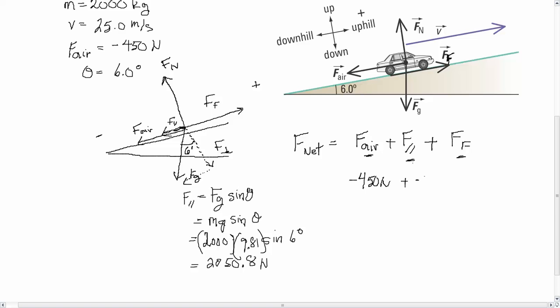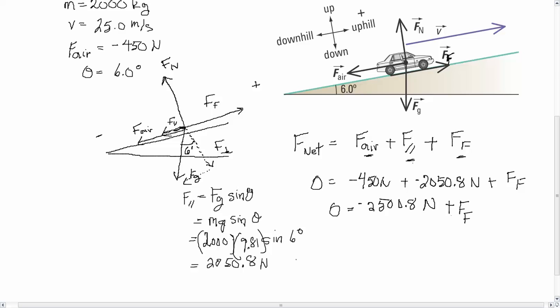So we have negative 2,050.8 newtons plus our forward force, and that's equal to a net force, which is 0. So I can add those two together: 0 is equal to negative 2,500.8 newtons plus the forward force.